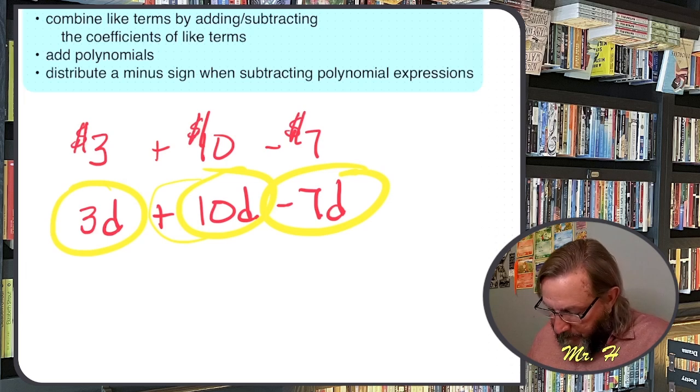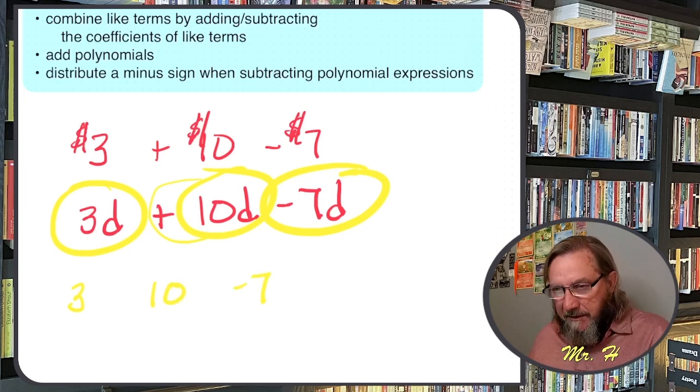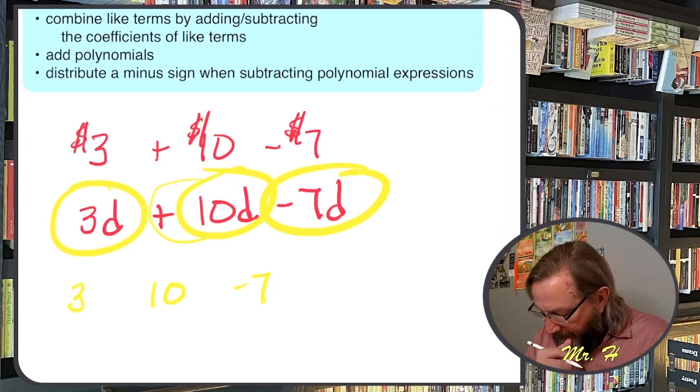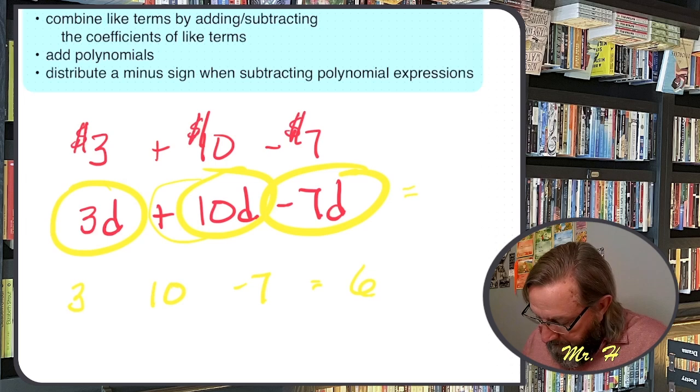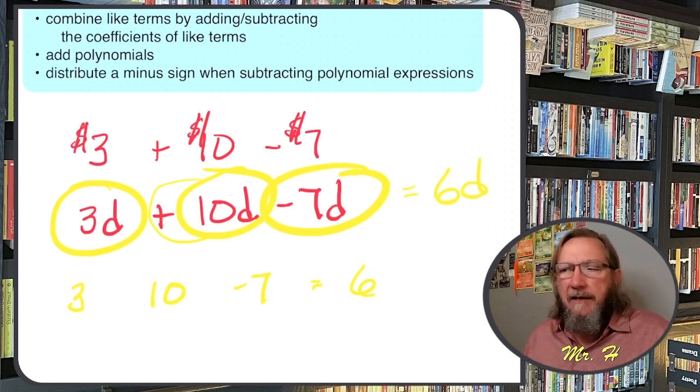So 3D plus 10D plus negative 7, we simply need to combine the 3, the 10, and the negative 7. 3 and 10 is going to be the 13. Negative 7 added to that will be 6. Consequently, our answer to this is that we're going to have $6 or 6D. That's all we do when we combine like terms.